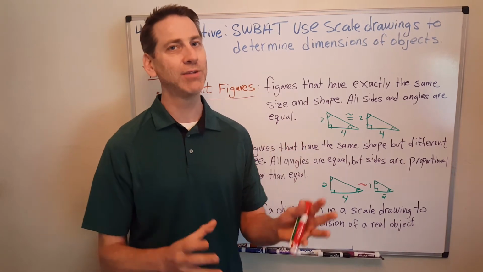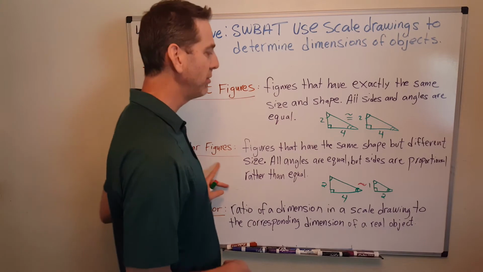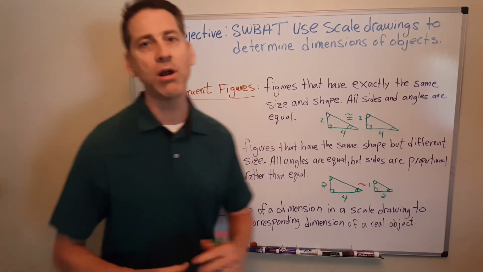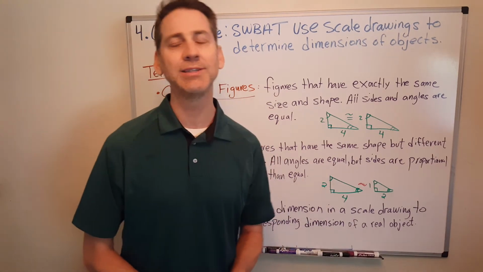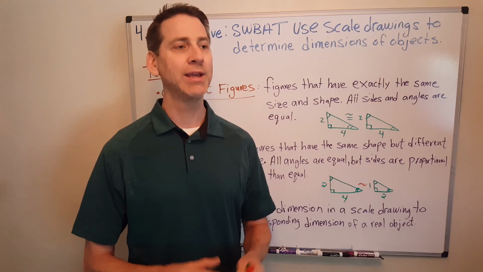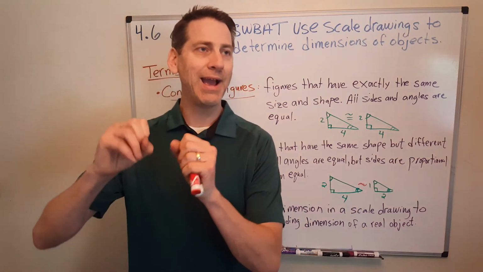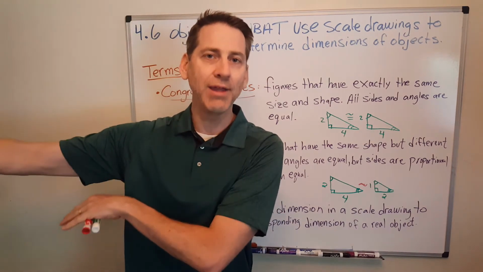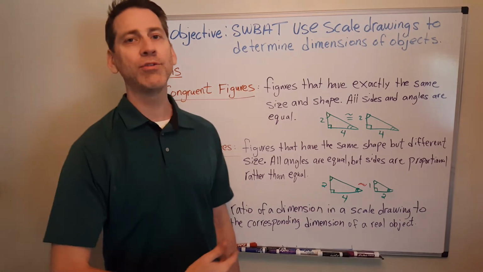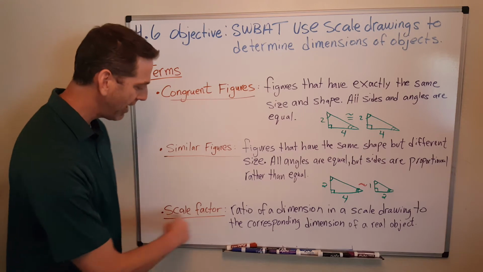They are similar: same shape, different size. We can use this idea of similar figures to help us with scale drawings. A scale drawing is just a thing such as maps, blueprints, things that show on paper what the actual dimensions would be in real life. All scale drawings use a scale factor.